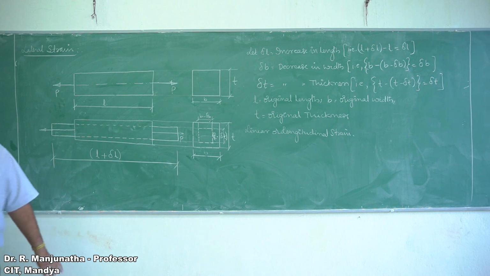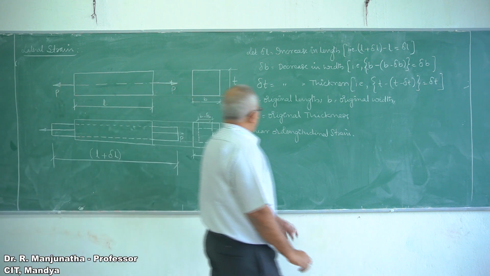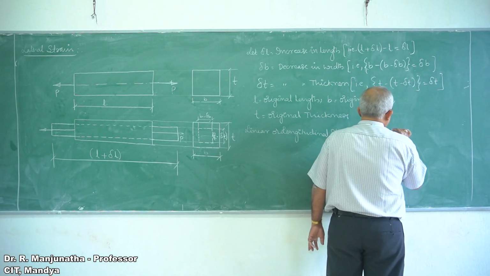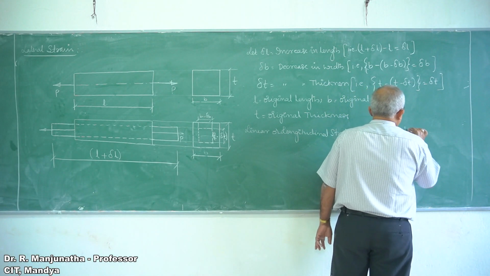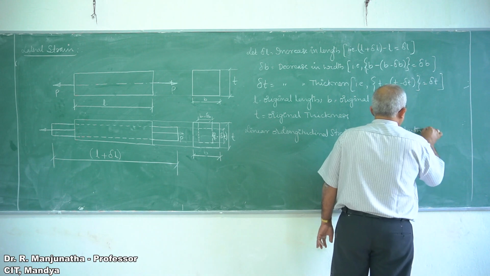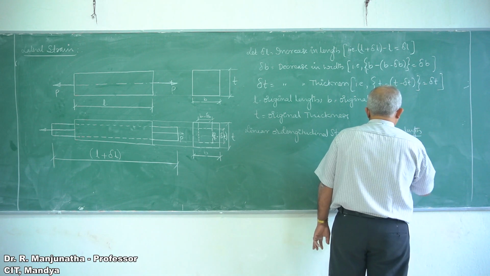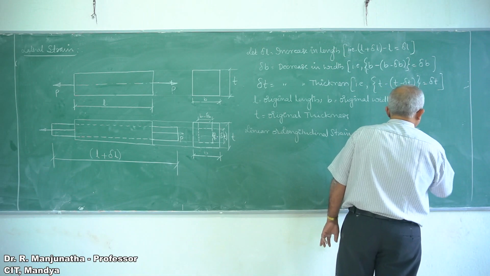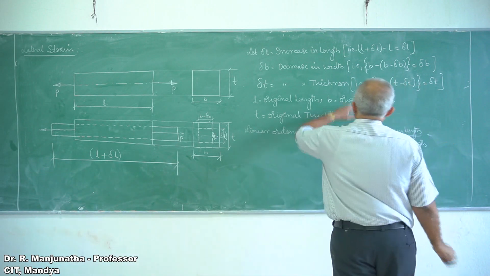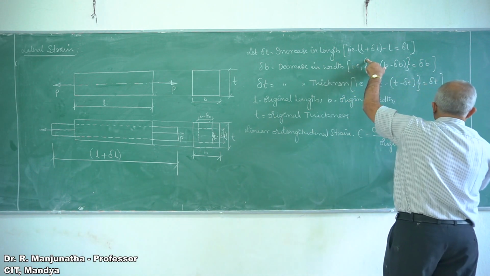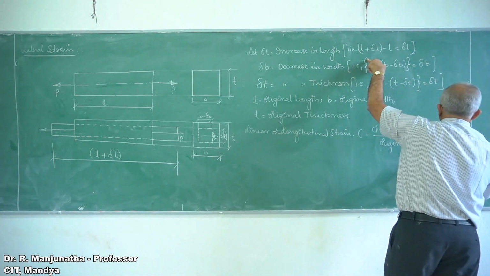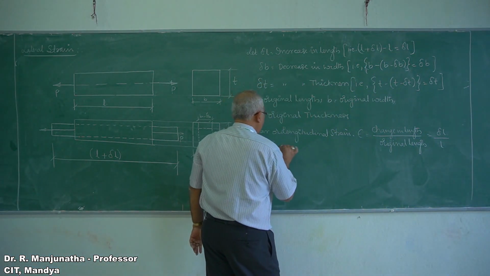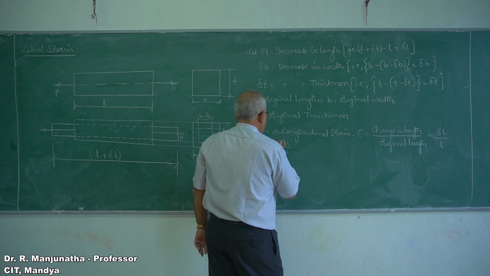So epsilon, the linear strain, is equal to the change in length by the original length. What is the change in length? The change in length is given by delta L, and the original length is L. So epsilon will be equal to delta L by L.